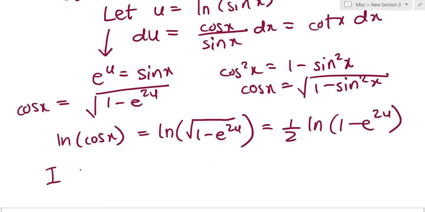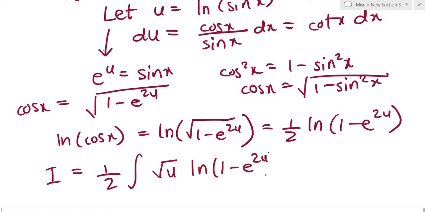Alrighty then, we have our integral now. Half, because of this, integral of square root of u times the natural log of 1 minus e raised to 2u du. Now we need to change our limits, right?